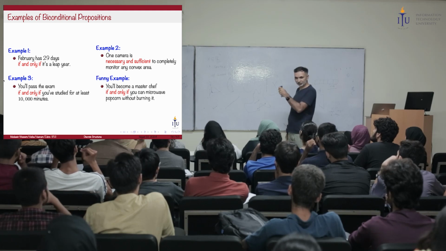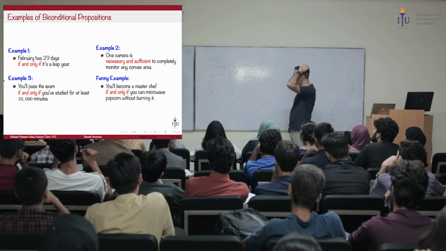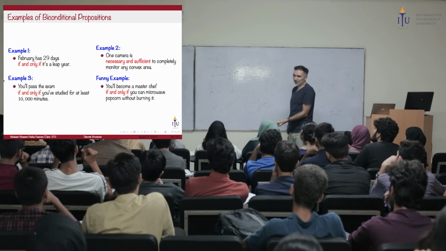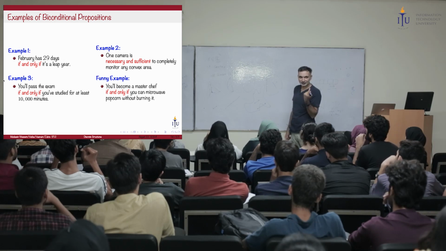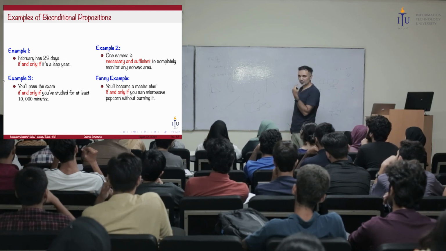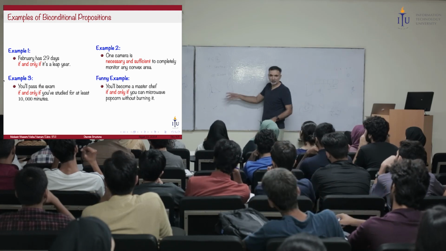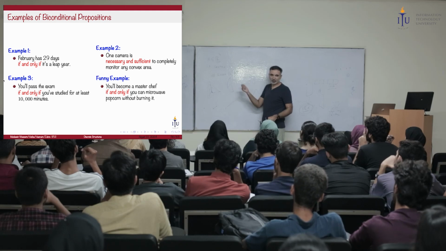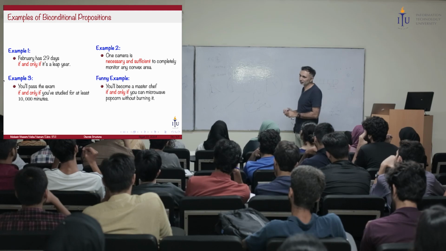One camera is necessary to completely monitor a convex region. You need a camera. If you don't have any camera, you won't be able to watch it. So one camera is necessary. That part is true. One camera is also sufficient, which we just saw. If you have one camera, you can look everywhere around a convex region. So this is a biconditional and it's also true.